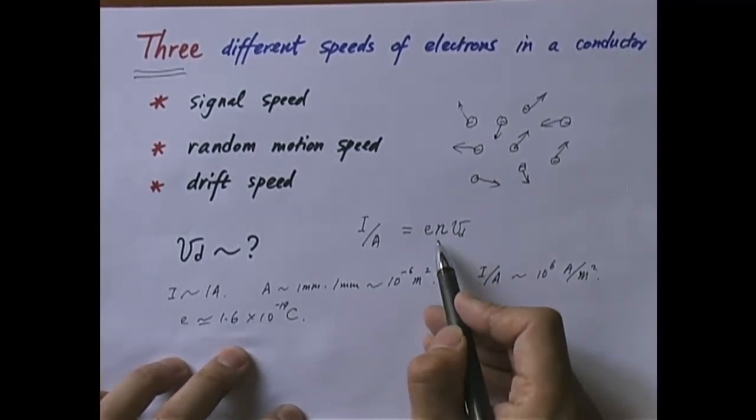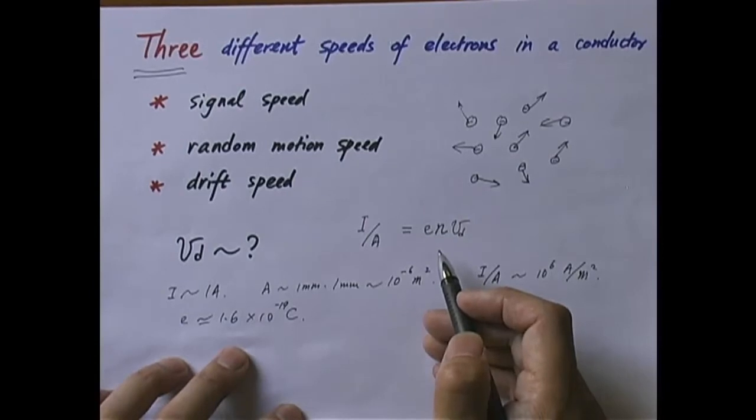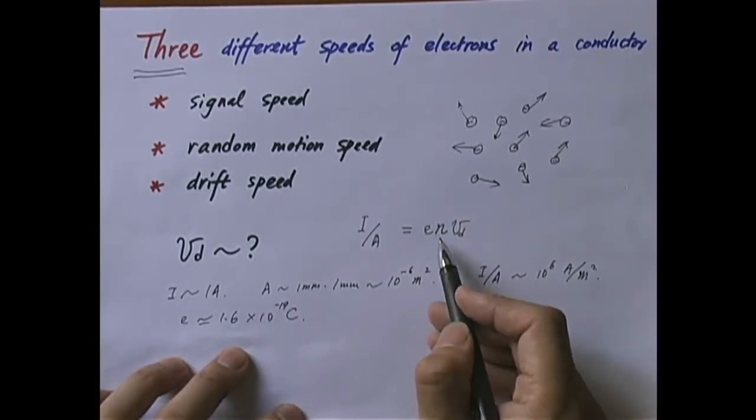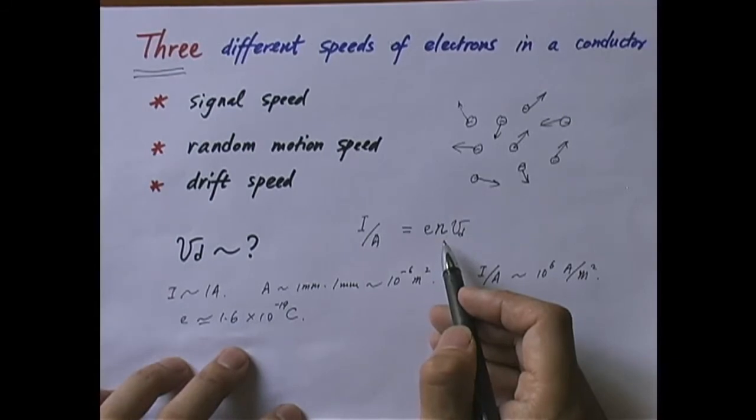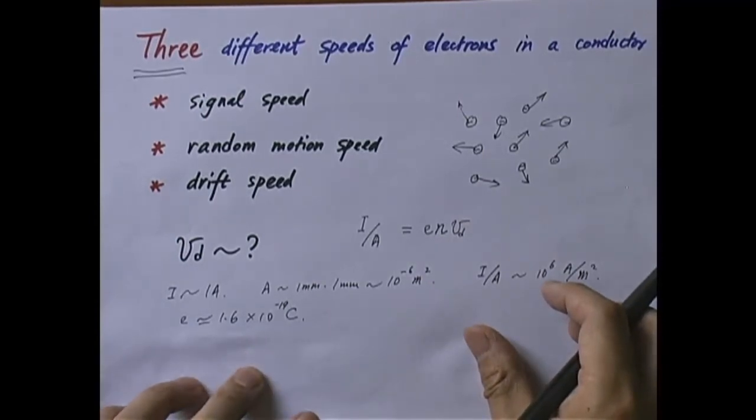In order to find v_d, let's estimate n. Now, this takes a little bit more effort. What is n again? The number of free or mobile electrons in a piece of copper metal per unit volume. We know that each copper atom contributes one free electron, so we're looking at really the number of copper atoms per unit volume. How do we know that? Well, all we need to know are two things. One is the molar mass of copper.